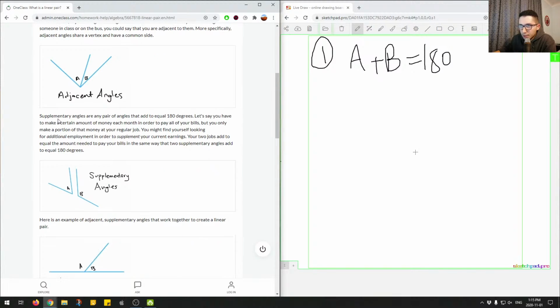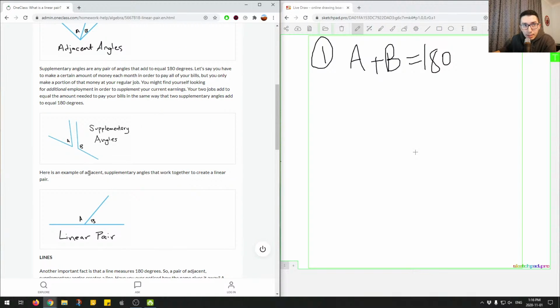So, going on, supplementary angles are any pair of angles that add up to 180 degrees. Let's say you have to make a certain amount of money each month in order to pay the bills, but you only make a portion of that money at a regular job. You might find yourself looking for additional employment in order to supplement your earnings. So here they're giving you a metaphor of what supplementary angles represent, and essentially it's two angles that add up to 180 degrees.